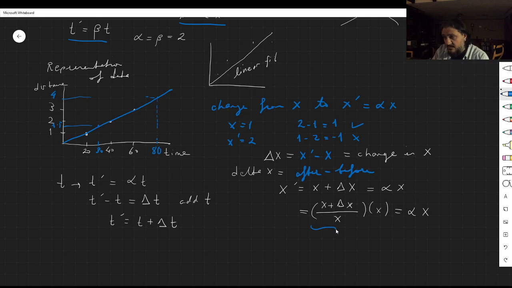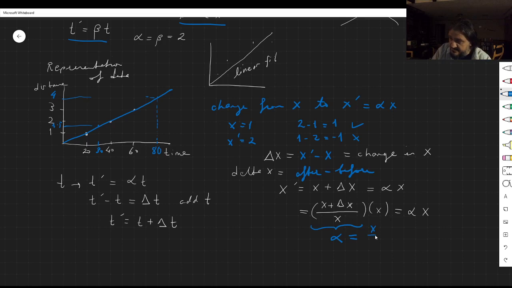Right, there are x's on these sides, you're multiplying alpha by x, and alpha turns out to be this number here. So if you write alpha again explicitly, now in the numerator we have x plus delta x, and you're dividing it by the denominator, which is x, which can be written as x over x plus delta x over x, right?